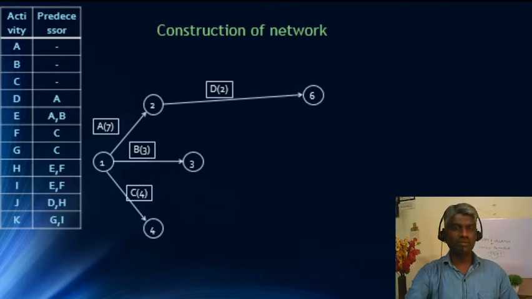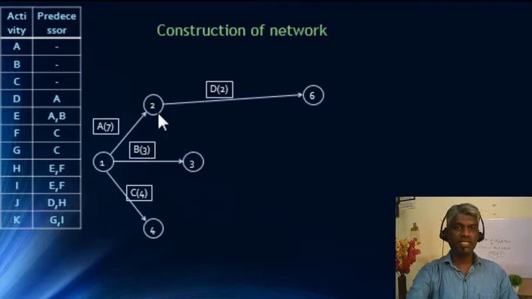So, what we can do is we can involve a dummy between these nodes. If we are having a dummy between these nodes, it says 2 and 3 are the same, but there is a dummy between that. And to have the dummy, we need to point the dummy towards either the second node or the third node.